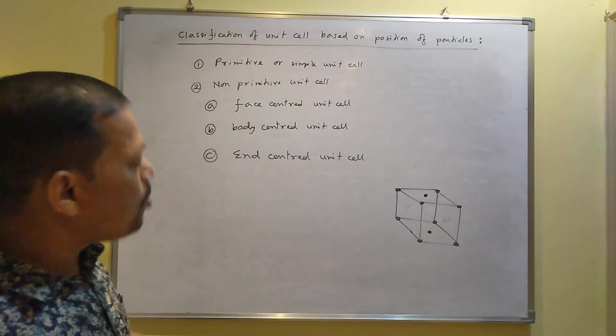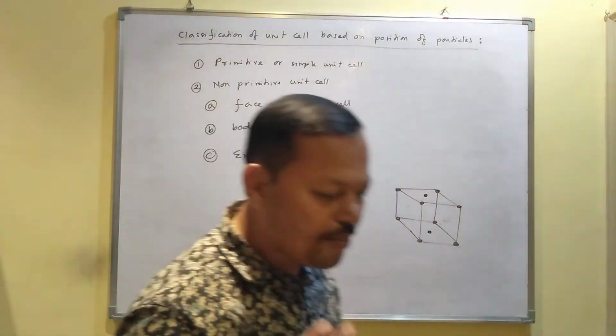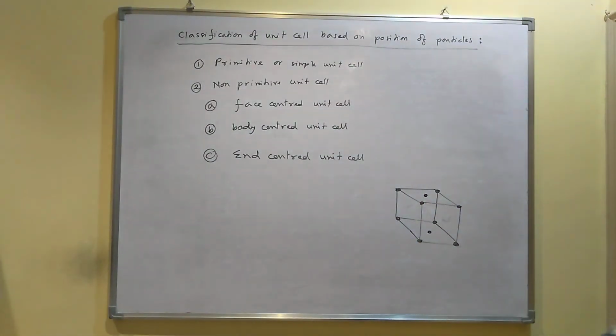So classification of unit cell based on position of particle: you can classify the unit cell mainly into two types, primitive and non-primitive. It is said to be primitive when the particles are present only at the corners. And non-primitive unit cell means when the particles are present not only at the corners but also in some other special position. There are three types of non-primitive: face-centered, body-centered, end-centered.